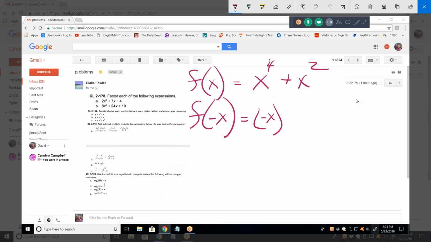I'm going to tell that to every single student I have, just because you don't want to make a mistake. You know how to do this problem. Don't make a mistake by trying to do two steps at once. Then f of negative x is equal to x to the fourth plus x squared. So it's the same, so it's even.